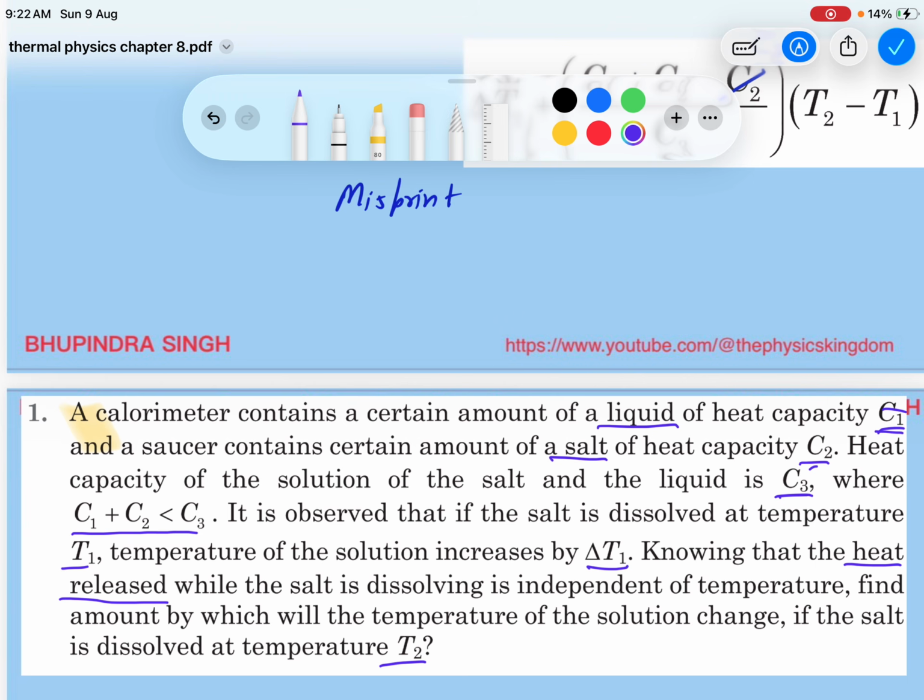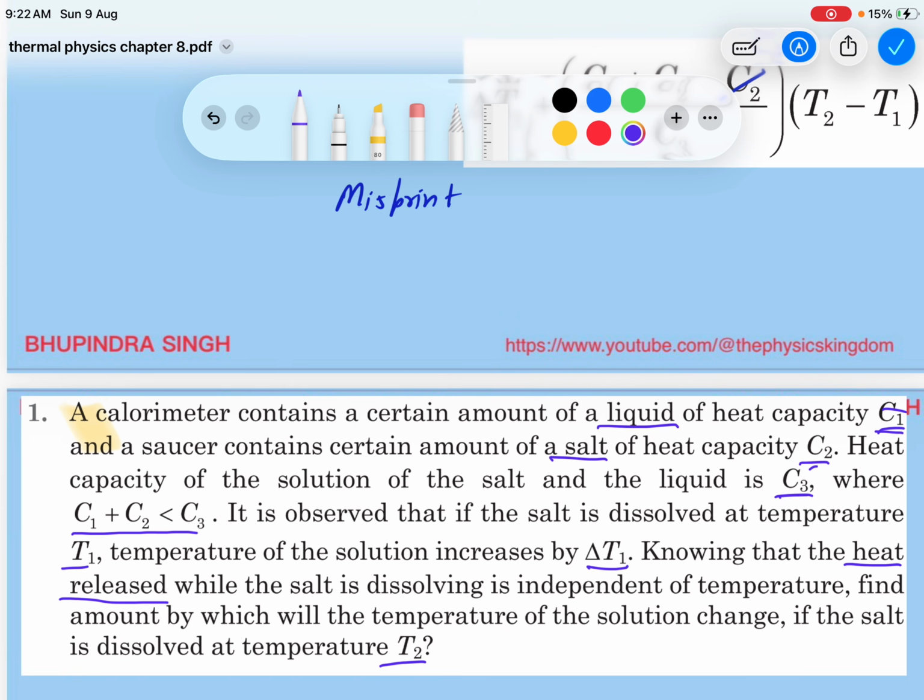Now if you are brainstorming here, it is clear that at temperature T1, with the specific heat or the heat capacity, the initial internal energies are different, right? And if you are dissolving at temperature T2, then the internal energies are different, right?